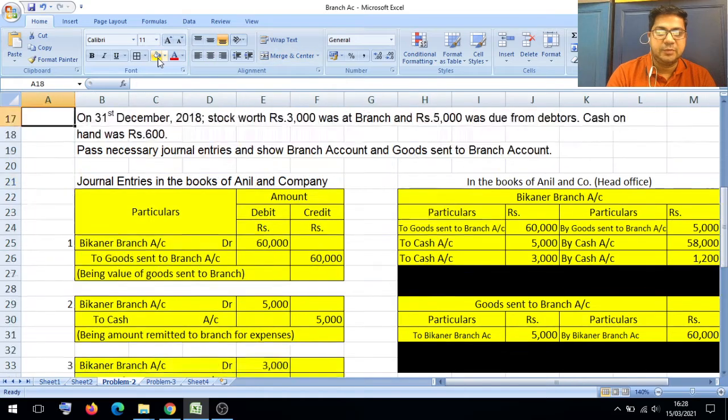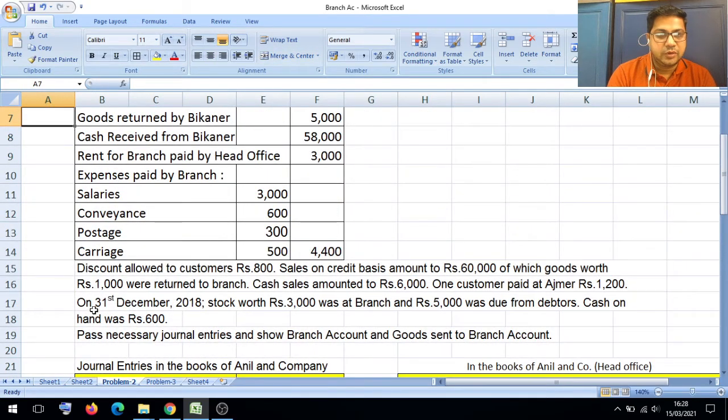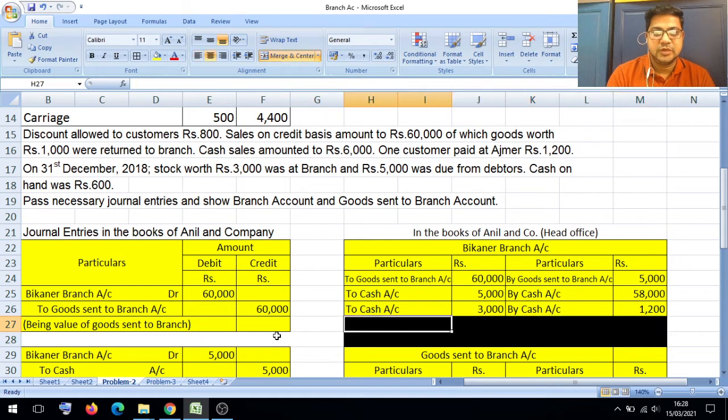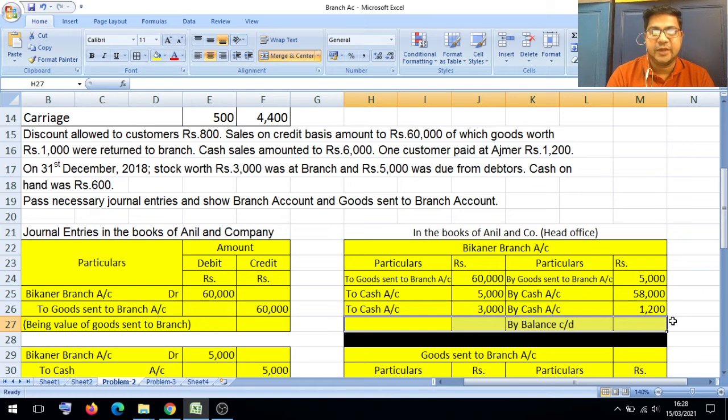Then friends, after this, on 31st December 2018, stock 3,000. It is a closing stock. Then 5,000 due from debtors and cash rupees 600. Stock we have to always record as a closing balance, by balance carried down.